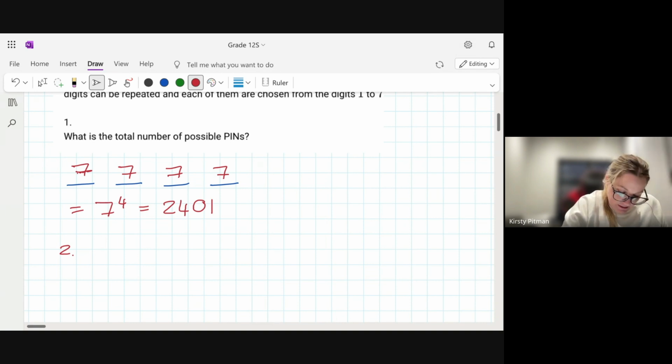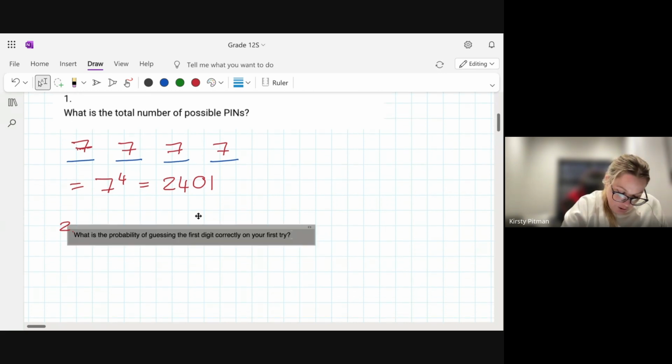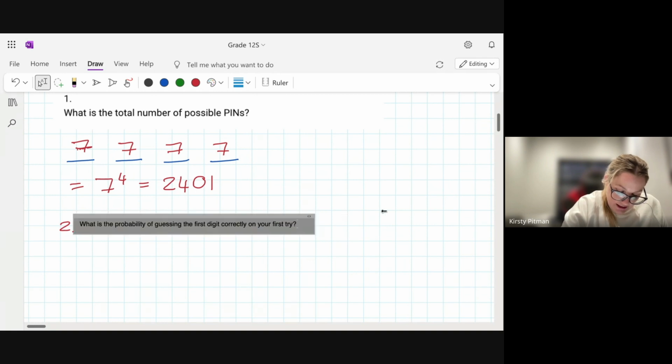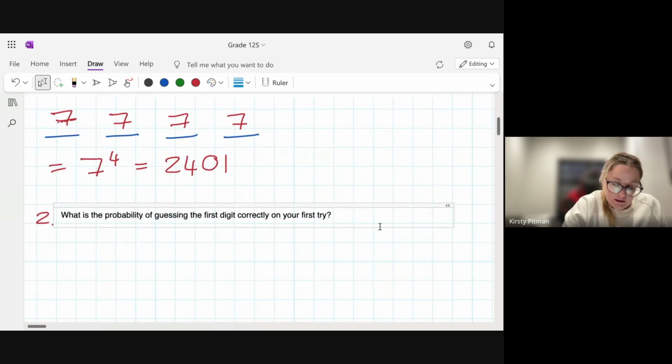What's the probability of guessing the first digit correctly on the first try? I'm going to give you a hint. You need to give your answer as a common fraction. What fraction?